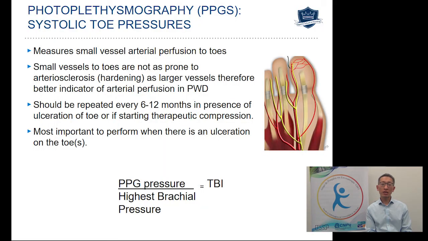To increase the diagnostic accuracy, we often obtain the toe pressure as well, the toe brachial index. And of course, now we're applying the blood pressure cuff around the toe to obtain this pressure.